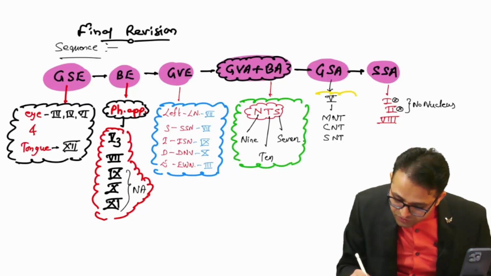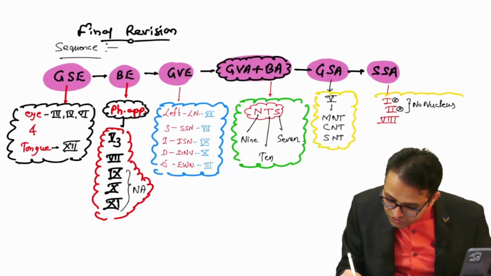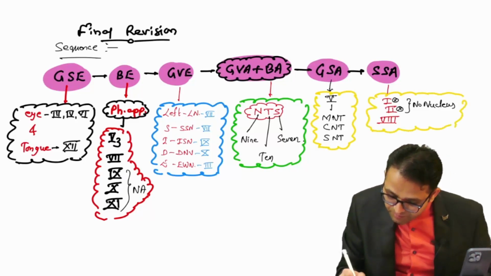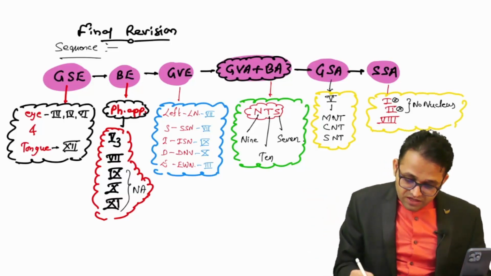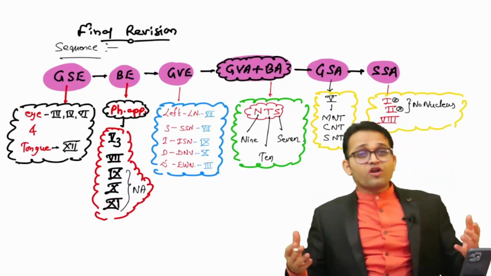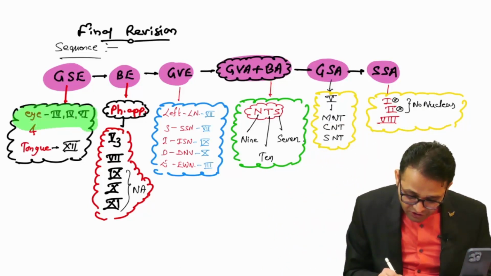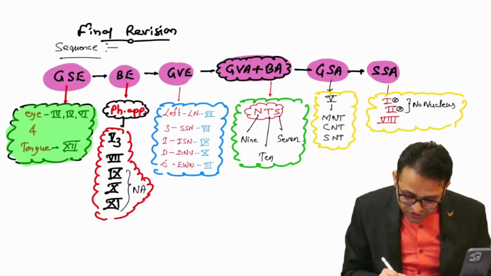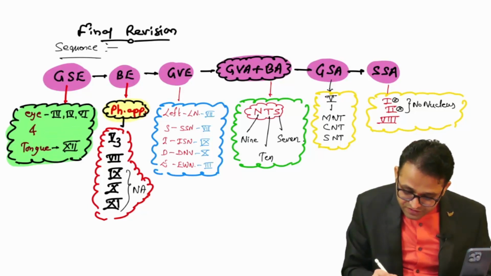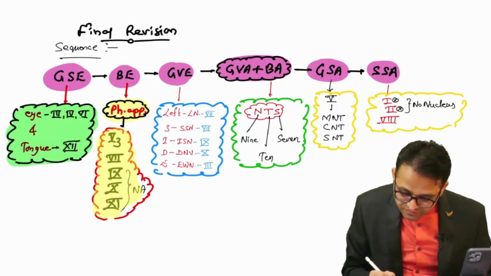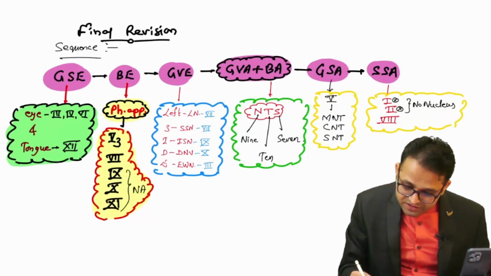Yes, you can observe the fifth cranial nerve nucleus, Mantu, Cantu and Santu, and this is your special somatic efferent part. Okay, so these are your different points. So this is all about our today's class. Please ask if any doubt is there, beta. I'm just making the beautiful notes for all of you. Yes, sir. Please ask if any doubt is there.